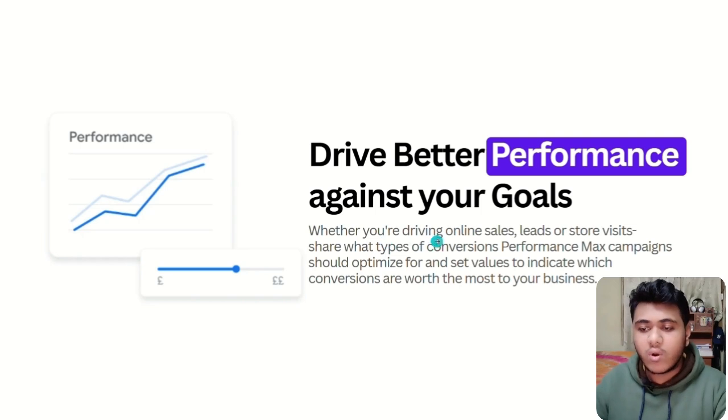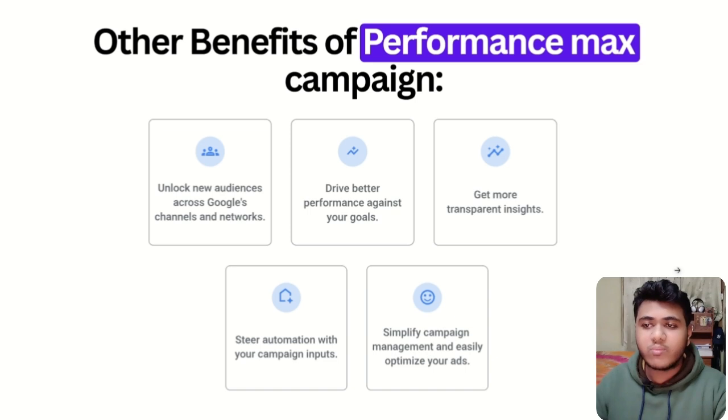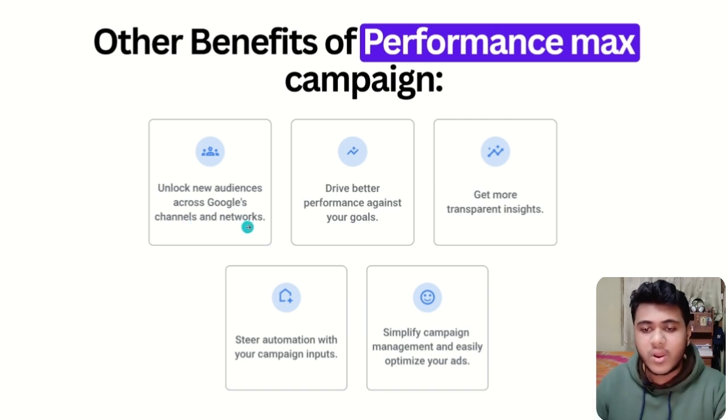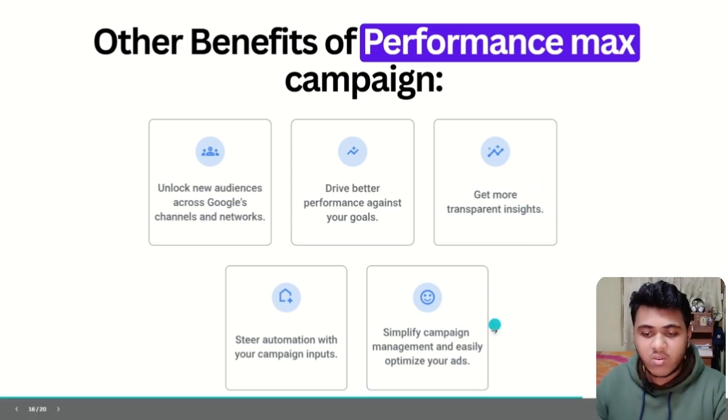Whether you're driving online sales, leads or store visits, share what type of conversion Performance Max should optimize for and set values to indicate which conversions are worth the most to your business. Other benefits of a Performance Max campaign: unlock new audiences across Google's channels and networks, drive better performance against your goals, get more transparent insights, and simplify your campaign.